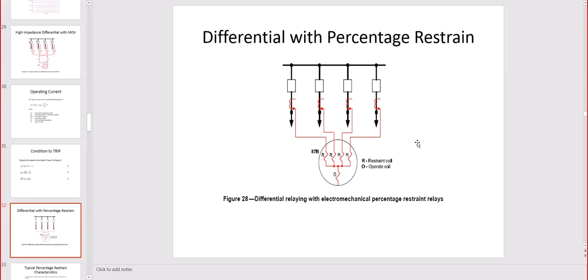Differential with percentage restraint, so this is the most typical one that we have in the plant, the differential protection percentage. This is reading the current from each feeder into the relay. You see RR, those are restraint coils, and then O is the operating coil. Restraint coil is opposing the trip until the operating coil torque is larger than the restraint coils.